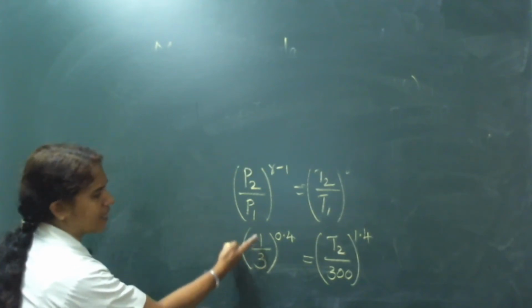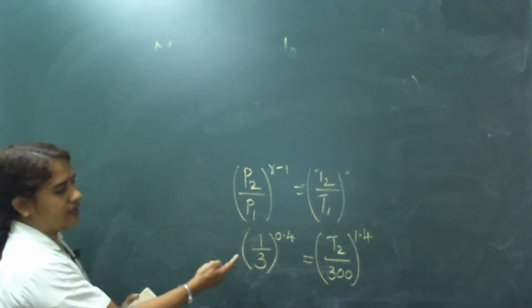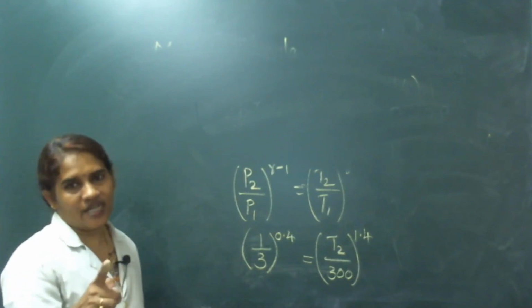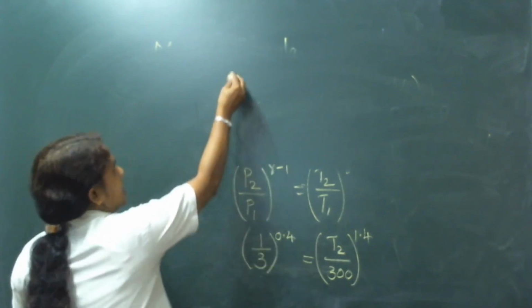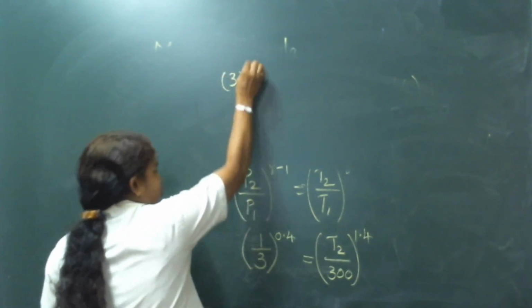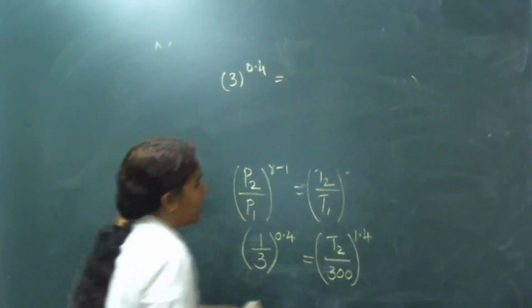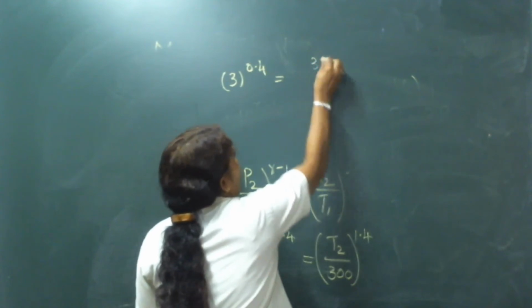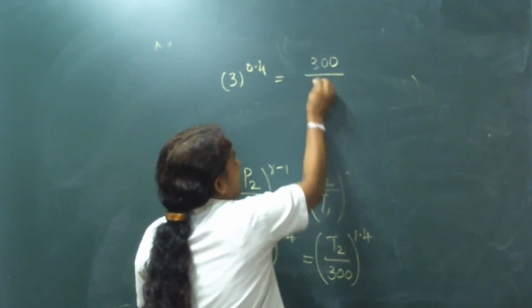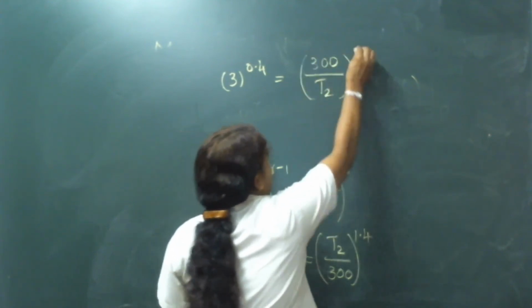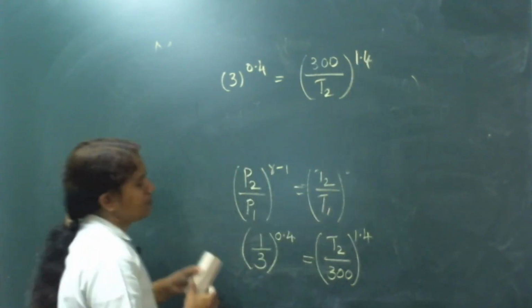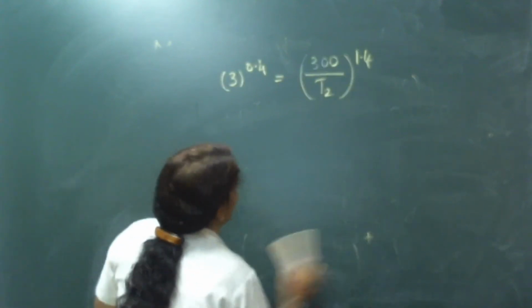It is better to write 3 by 1 instead of 1 by 3, it is easy. So, let us reverse it: 3 raised to 0.4 is equal to 300 by T2 raised to 1.4.